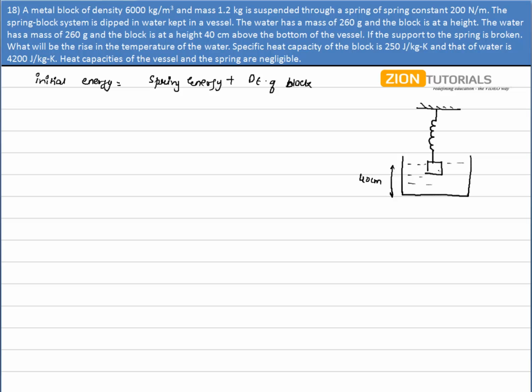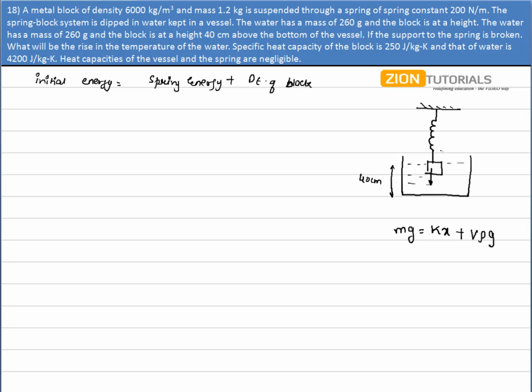Now at initial the equilibrium is maintained, so mg is equal to kx plus v rho g. Alright, now this mg is the total weight of the block that is acting downward.